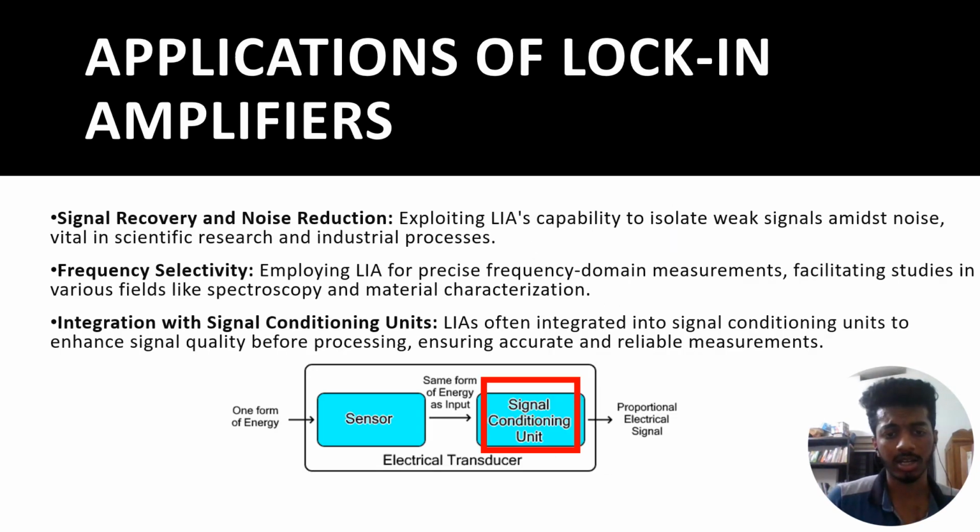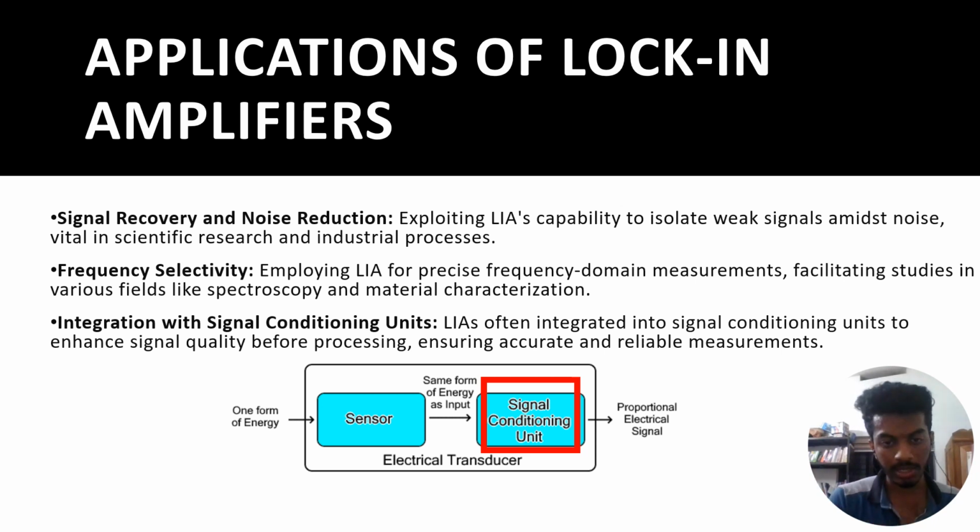So, the applications of lock-in amplifiers: signal recovery and noise reduction. As I told you, that's what it does. Talking about applied instrumentation, we learned about transducers, right? In transducers, we took an example of an electrical transducer. A transducer converts one form of energy into another. Electrical transducers convert one form of energy into an electrical signal.